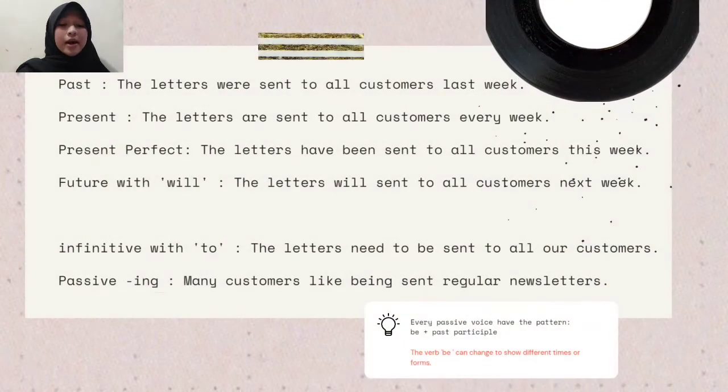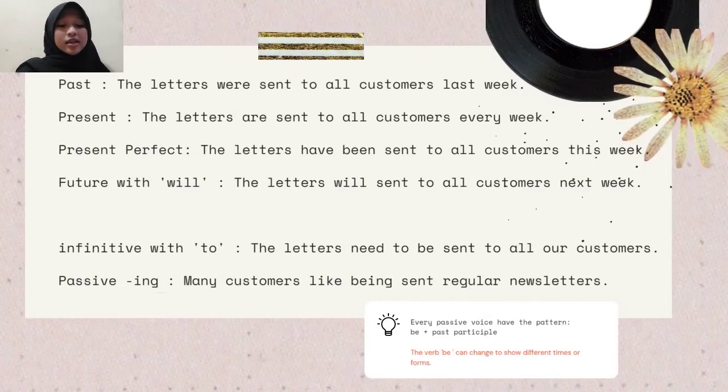Let's see how this works. Past. The letters were sent to all our customers last week. Present. The letters are sent to all our customers every week. Present perfect.